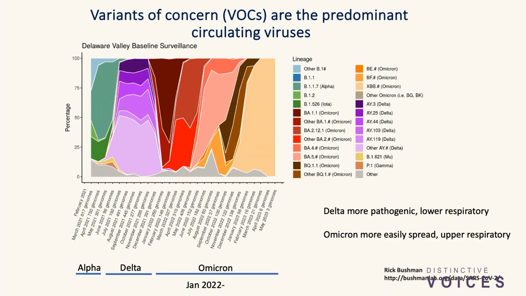I guess in general, it's believed that the Delta variant was more pathogenic, causing more lower respiratory disease, while the Omicron variant was more upper respiratory, less pathogenic, but spread even better than the earlier viruses.